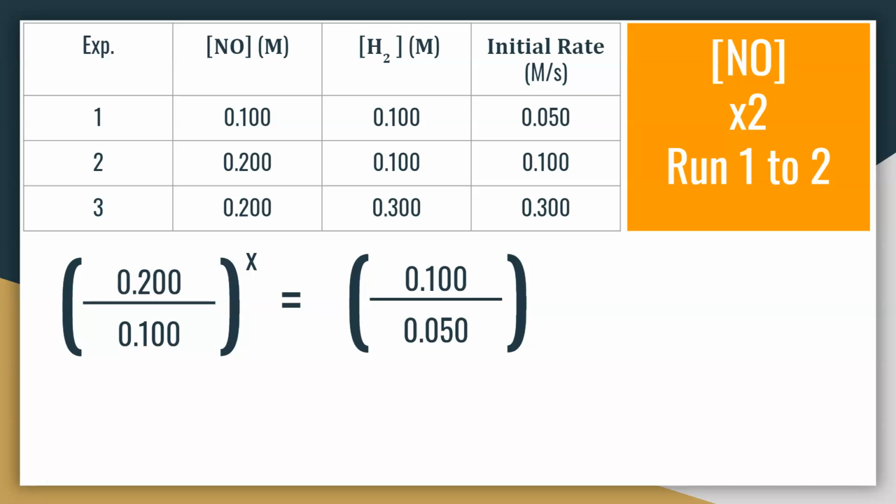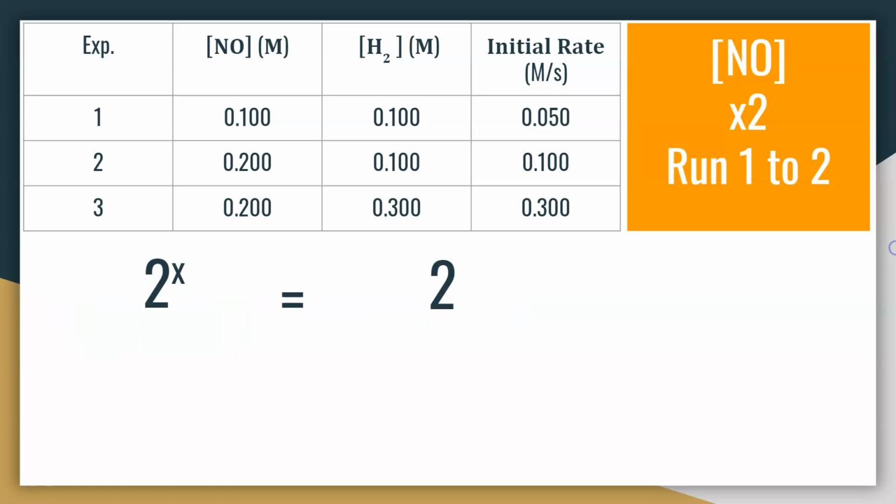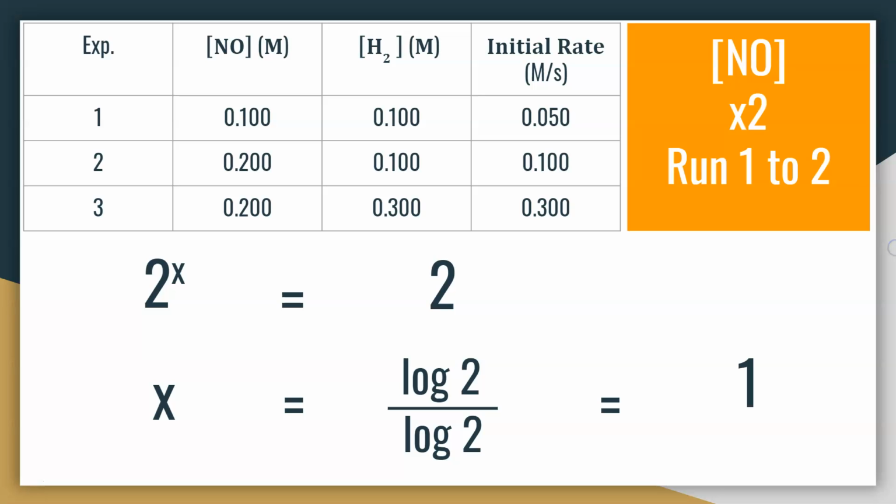difference in the initial rate, and so we'll have run 2 over run 1 again. Then we will solve for what's in the brackets, and we will determine that we have 2 raised to the power of x equals 2. From there, we'll want to isolate our variable, and we'll plug log 2 over log 2 into our calculator and determine that we have first order.